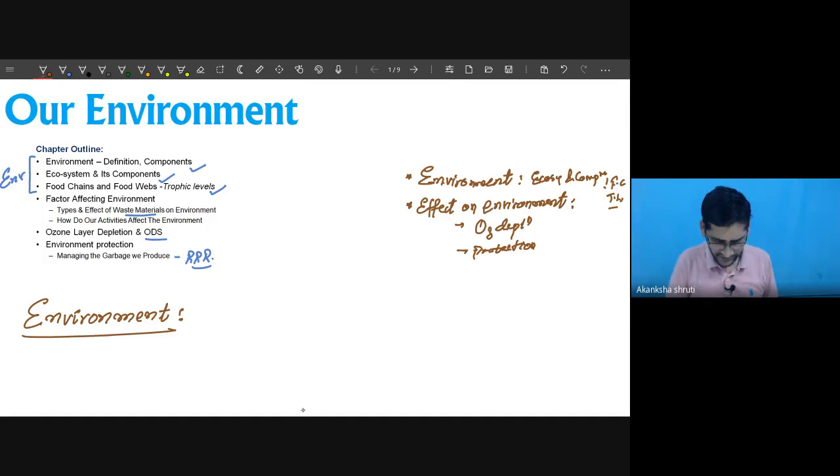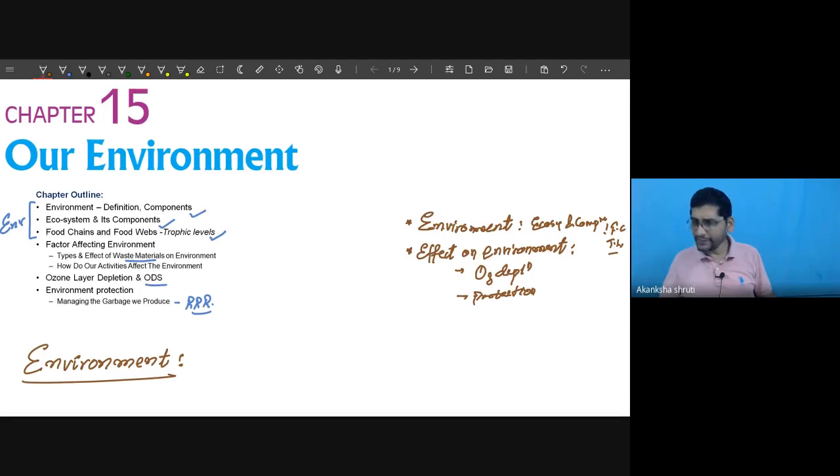Students, you most commonly use the term surrounding. What is surrounding? Anything present around us or around you is called surrounding. Like while you are sitting in a room, the table, chair, wall, fan, all these are the surrounding. But the environment is much bigger than this surrounding. The environment includes everything that exists around you, that affects you and by which you are able to survive.